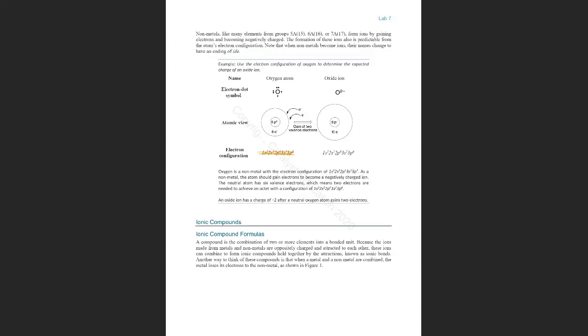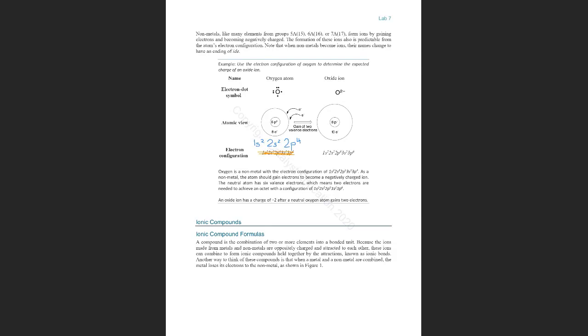As an oxygen atom, the electron configuration should be 1s2, 2s2, 2p4. That's once again due to its position on the periodic table.